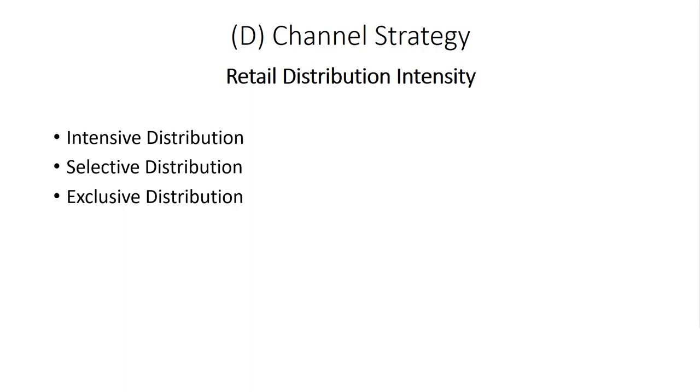They're going to push my product a lot for me because they're making money from it. But as I start to intensify my distribution and sell at other electronic stores, the consumer doesn't have to go to that one electronic store for it, they can go somewhere else, and their volume goes down. So even though my volume goes up, the individual retailer's volume goes down. And if it drops from 20% down to, let's say, 3% or 2% or 1%, now they're not going to give my brand as much love as they would have given had I still kept that 20%. So I really have to think through these types of decisions.